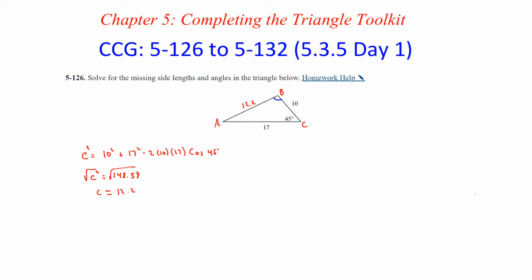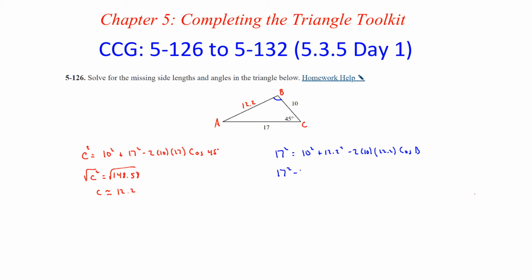So since I'm looking for angle B, I would have B squared is equal to the other two side lengths, 10 squared plus 12.2 squared, minus 2 times 10 times 12.2, and then cosine of B. Since we're trying to find B, I'm going to isolate it, and then I'll plug everything into the calculator.